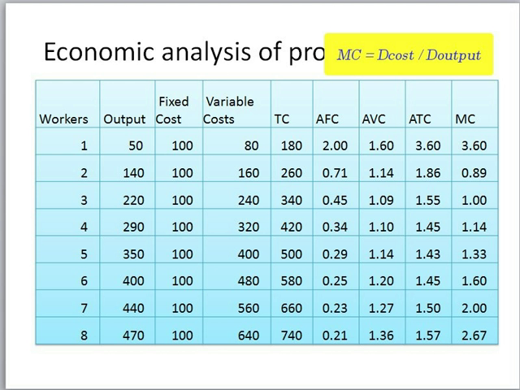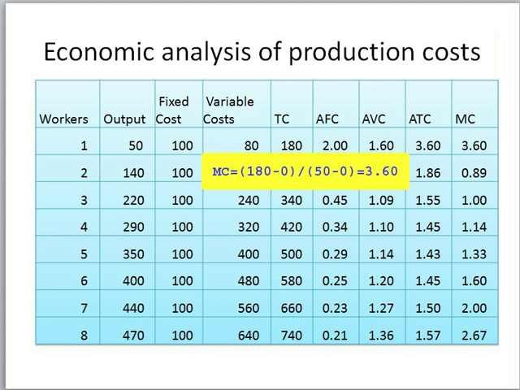So the difference in cost for the first $180 is $180 minus 0, because we started at 0 cost, divided by 50 minus 0, because we started at 0 units produced. And if that's the case, we divide $180 by 50, and the marginal cost is $3.60.